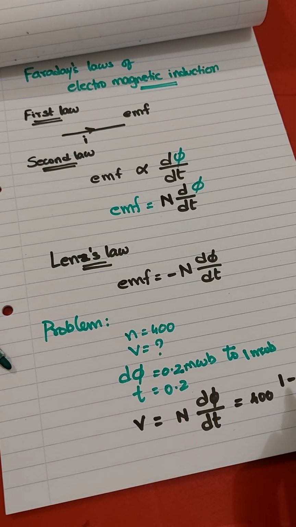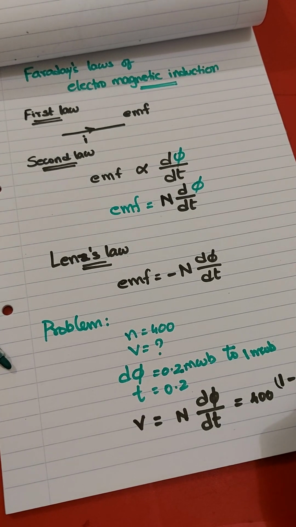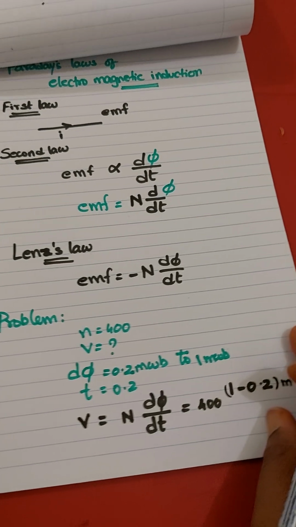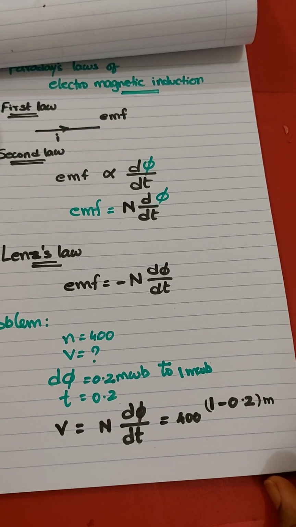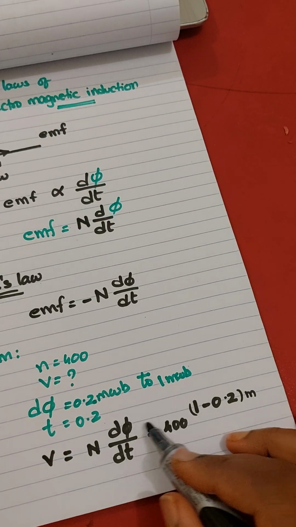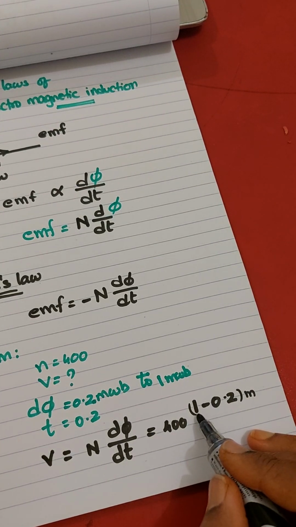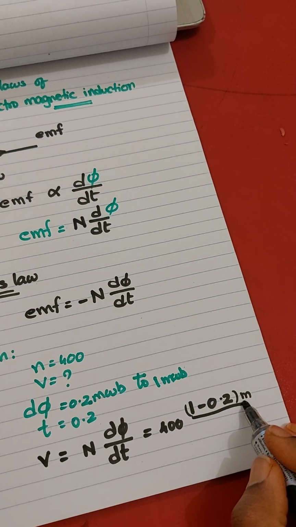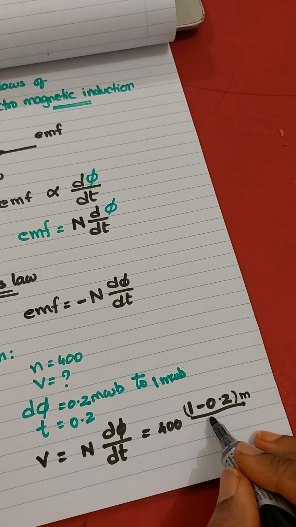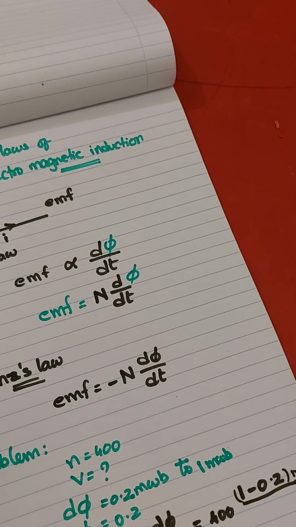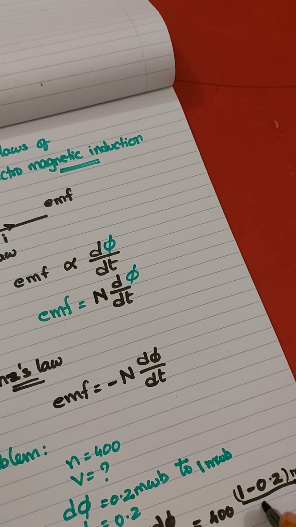Not to get confused, you can use milli here, so it reminds you that there is a multiplier of 10 power minus 3 in the problem. So number of turns is 400. Rate of change is 1 minus 0.2 milli divided by the time period. So what is our time period? Time period is 0.2 seconds, right?